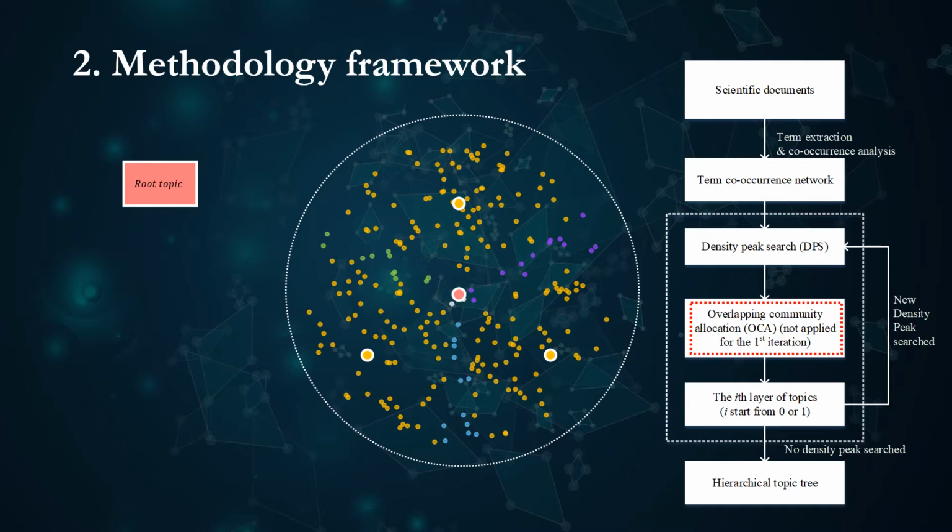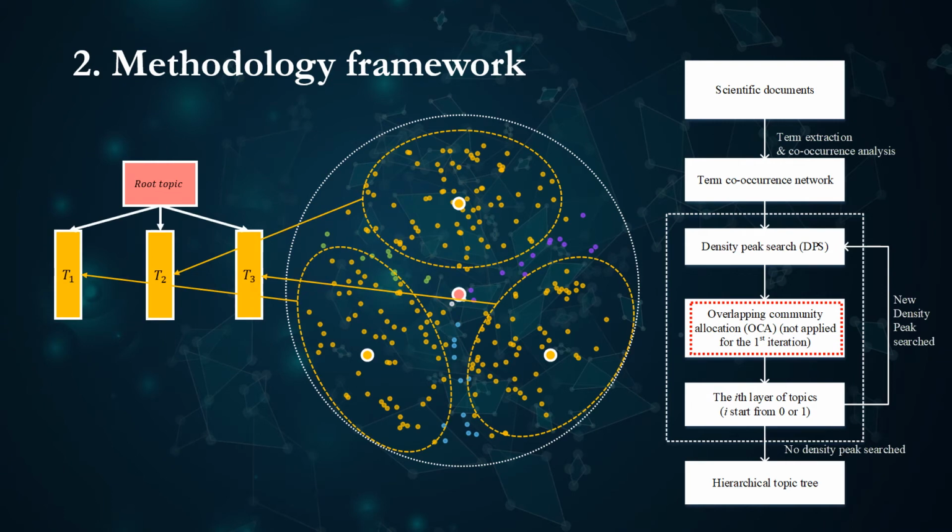But also there are some terms with different colors. That means those terms are identified as overlaps. The blue one is the overlap of this left yellow cluster and right yellow cluster, and the white one means that it's the overlap of these three yellow clusters.